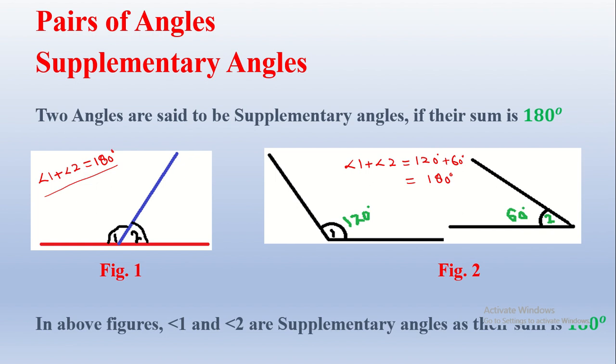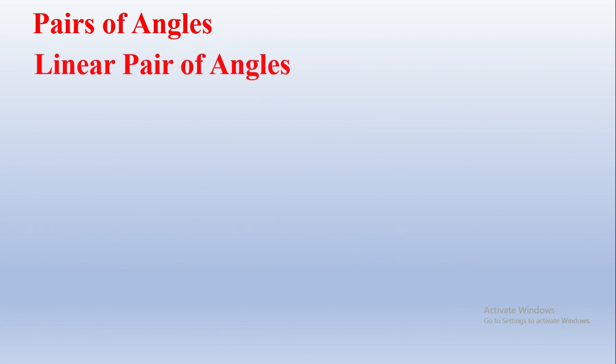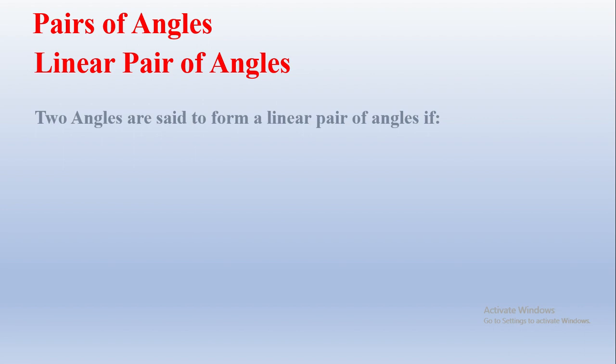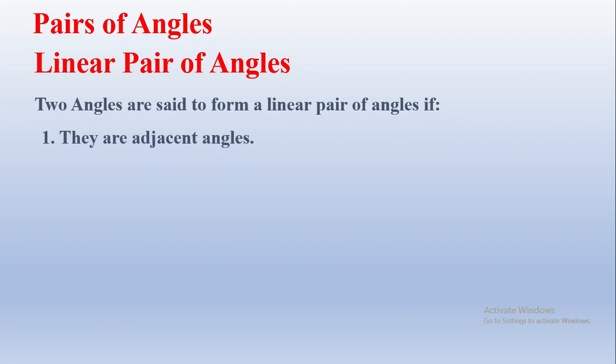Now, the other pair of angles that we'll be talking about is a linear pair of angles. Two angles are said to form a linear pair of angles if, first, they are adjacent angles. That means they have a common vertex, a common arm, and the non-common arms are lying on opposite sides of the common arm. And second, they are supplementary.